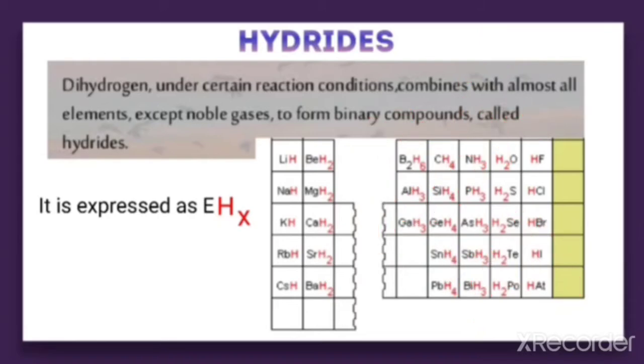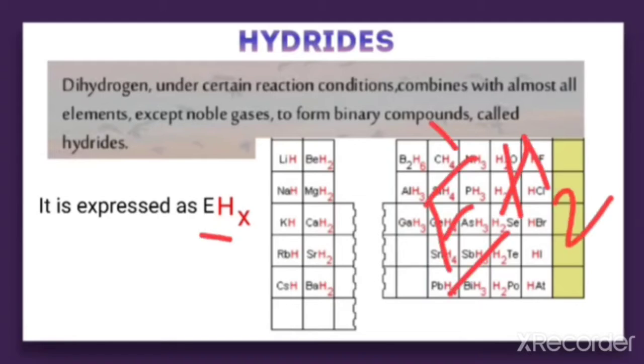So the general formula we can write as MH2, or instead of M we can say EH2. Here it is taken as E, so EH2. So the general formula for the hydride of a second group element is EH2. That's why you can see the formulas BeH2, MgH2, CaH2, SrH2, BaH2.